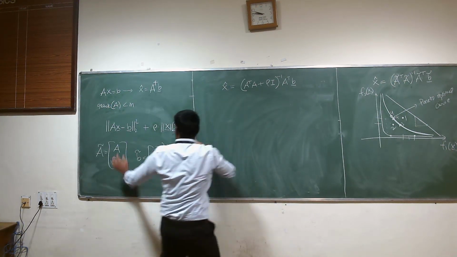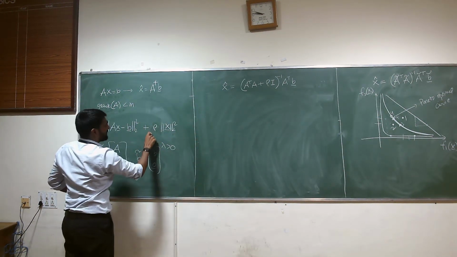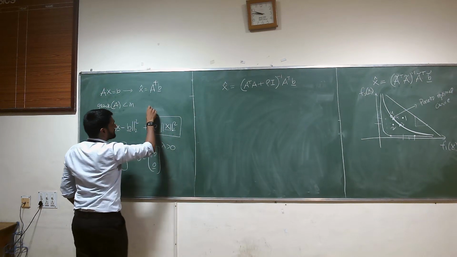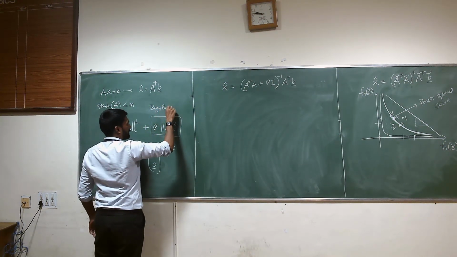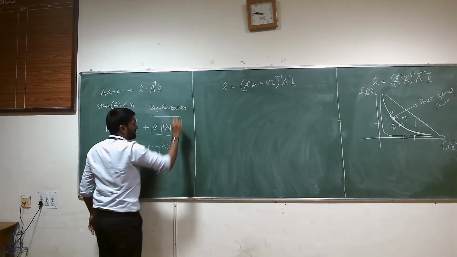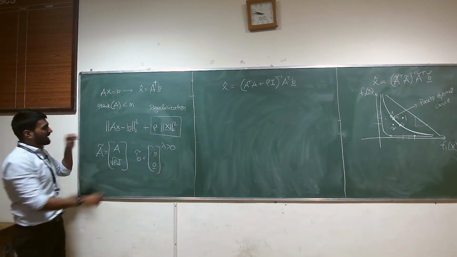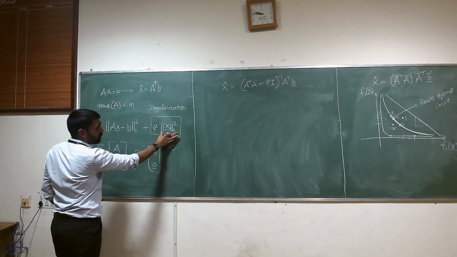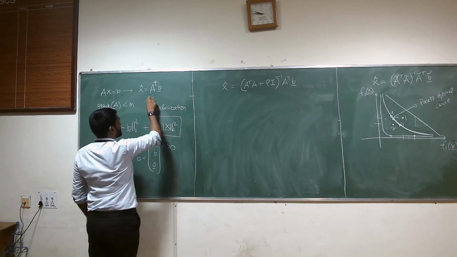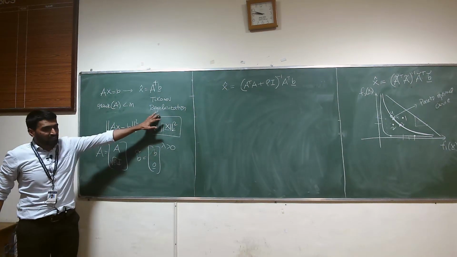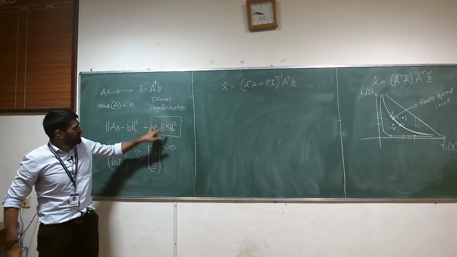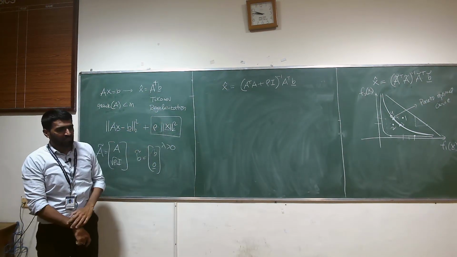Whenever you add a term like this, it is called regularization. In this particular form, where you use a two norm here, it's called the Tikhonov regularization. You can have other norms as well, but if you use the two norm, this is what it's called.